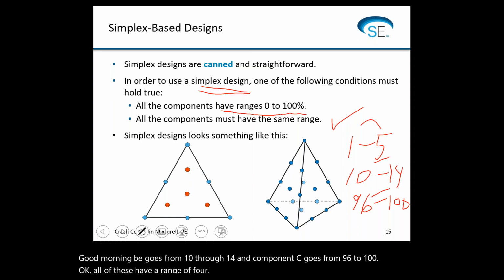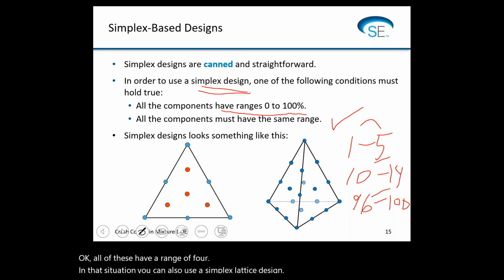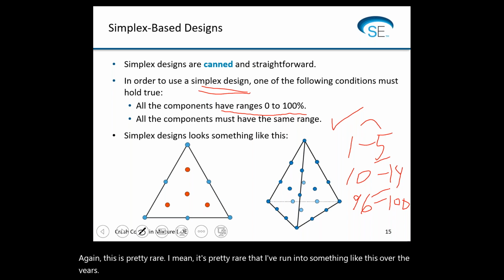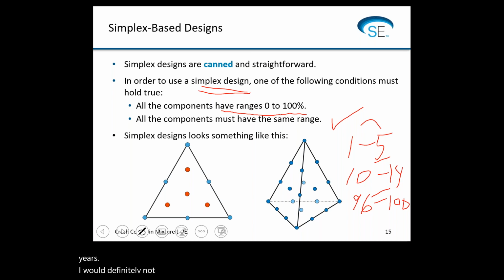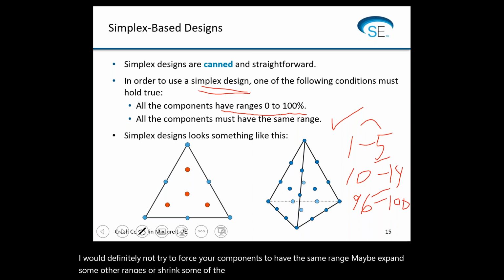In that situation, you can also use a simplex lattice design. Again, this is pretty rare. I mean, it's pretty rare that I've run into something like this over the years. I would definitely not try to force your components to have the same range. Maybe expand some of the ranges or shrink some of the ranges so that you could use these designs. Which is why we're gonna use optimal designs.